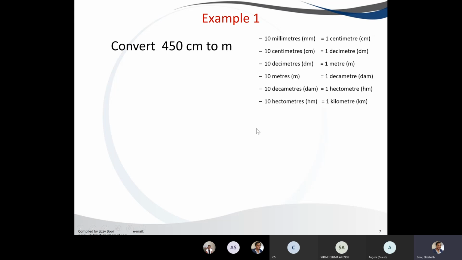I know that I am converting from centimeter to a meter. Therefore, I must divide by the relevant tens because a centimeter is smaller than a meter.